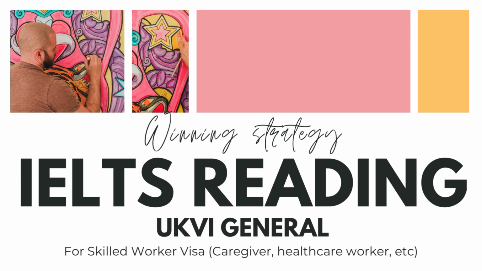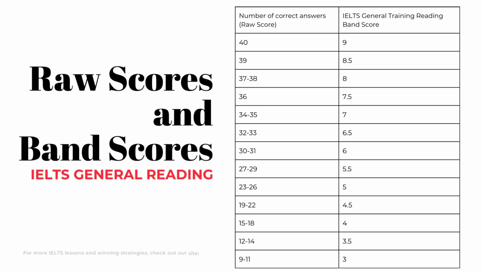How do they arrive at the band scores? This table gives you an idea of how they arrive at the band scores. Okay, after answering 40 questions, they will mark your work. If you get a raw score, that is what we call it, a raw score.